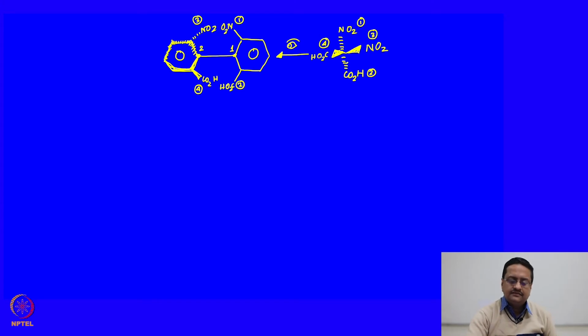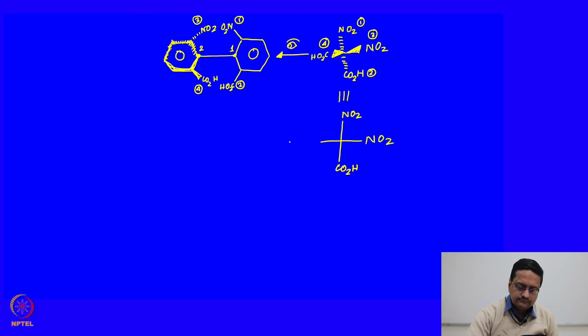So, in that case, we can straight away convert this into a Fischer projection as I am drawing here. This is 1, 2, 3 and 4.